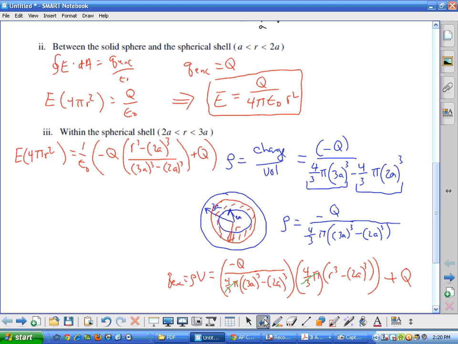Okay, and so then we need to solve for the electric field. And again, it's up to you on how much you want to simplify this. As you're trying to go through and do this quickly, I really wouldn't simplify a whole lot.